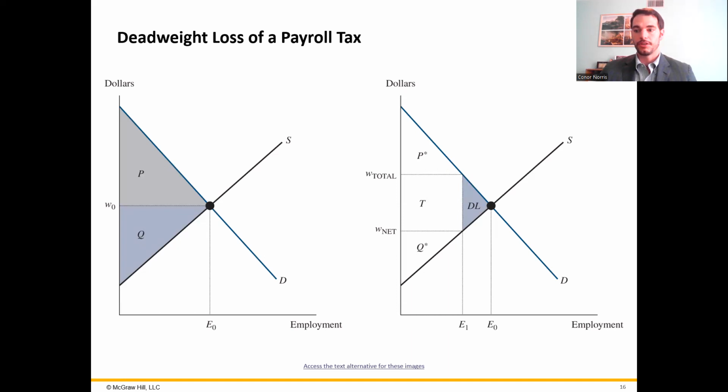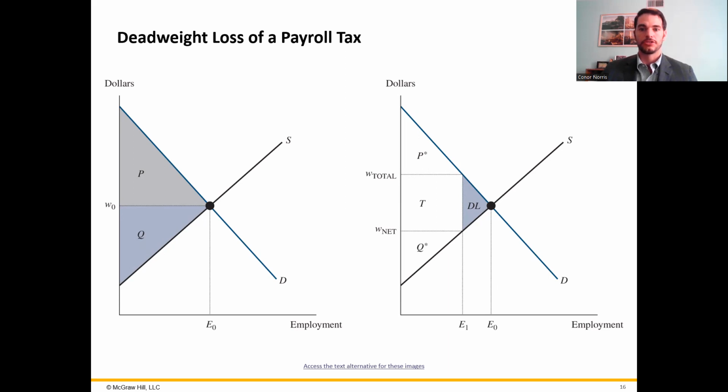That's the difference between the wage being paid by the firm and the wage being received by the worker. But some of it is simply lost. Instead of going to the government, there are transactions that never take place now because of the reduction in employment. That doesn't go to anyone. That is completely lost.